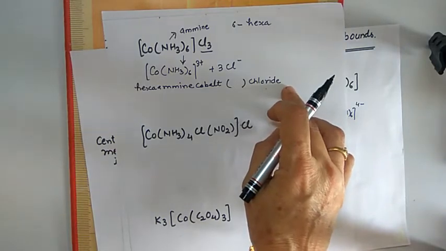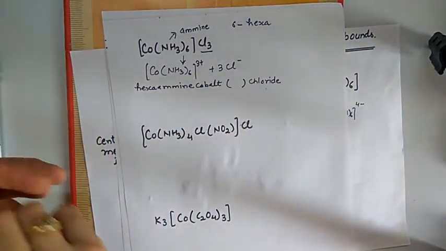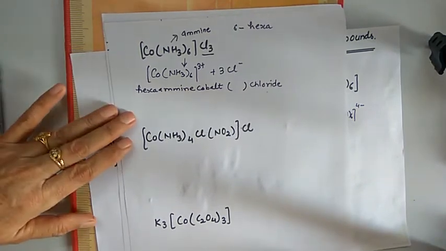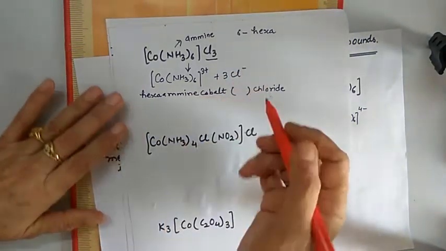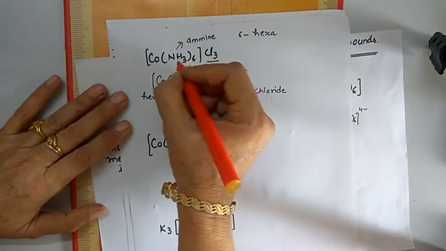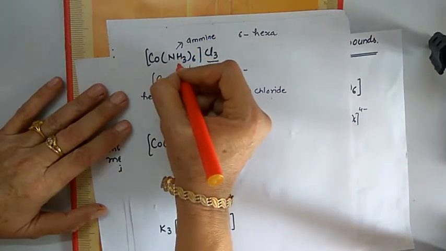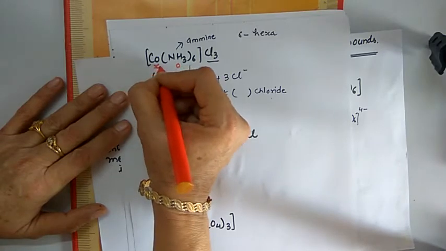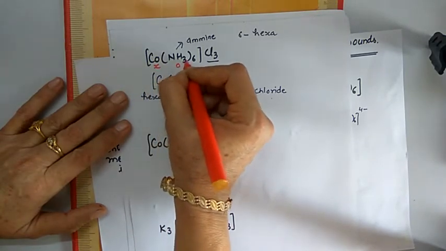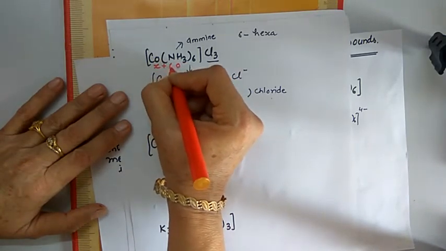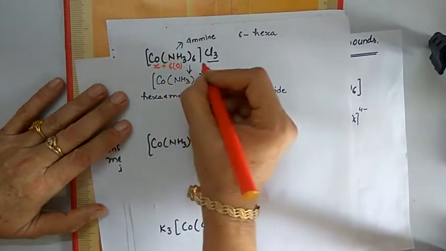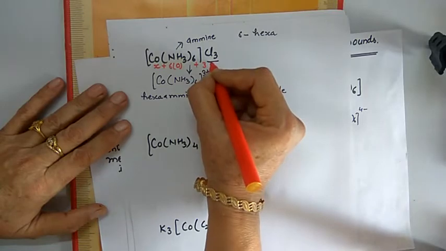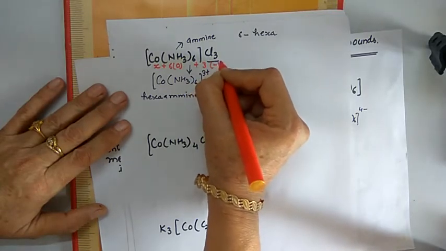Now next is how to find the oxidation state. I told you that for this you have to remember the charges present on the ligands. Ammonia is 0. We have to find the oxidation state of cobalt, so write it X. Ammonia charge is 0, so X plus 6 into 0 plus 3 into the charge on chlorine, which is -1.